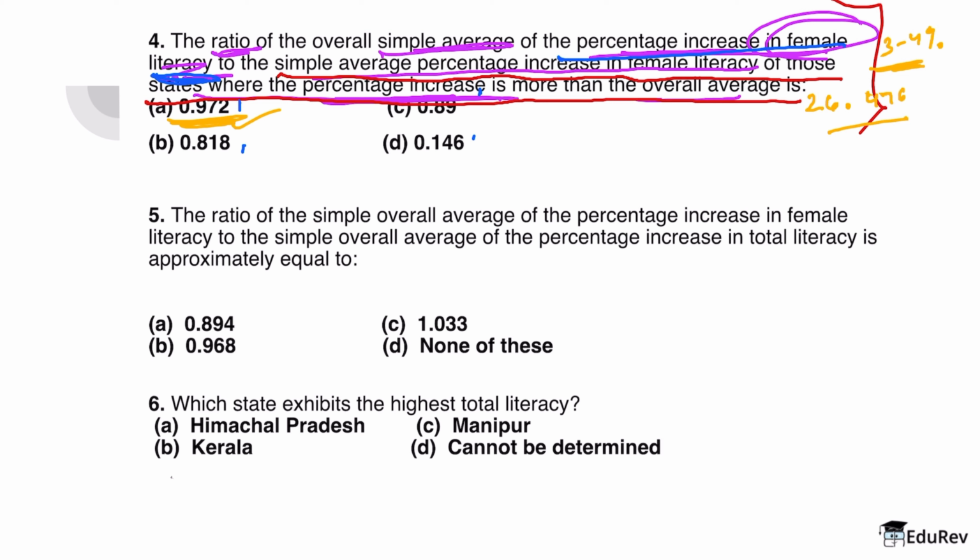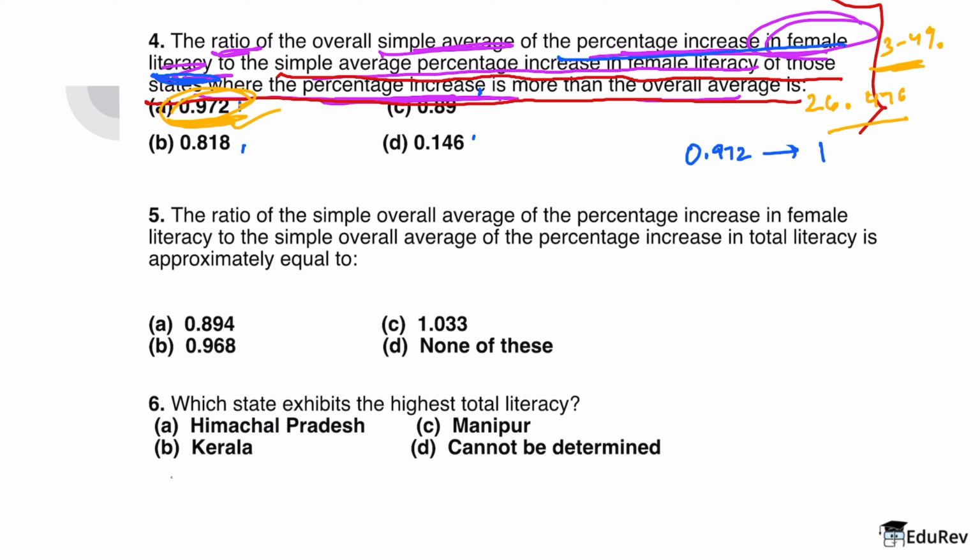Now, why is this? This is because the required ratio is 0.972. It means that if the value of the average of 5 states was 1, then the average of all the states would be what? 0.7972, which was already given. Now, if I say that it is 0.972, 0.972 is actually approaching 1.